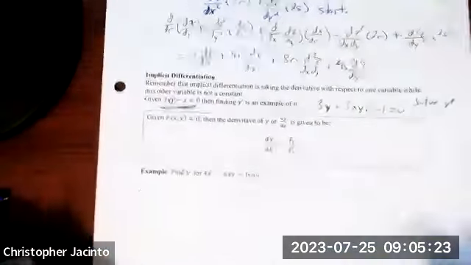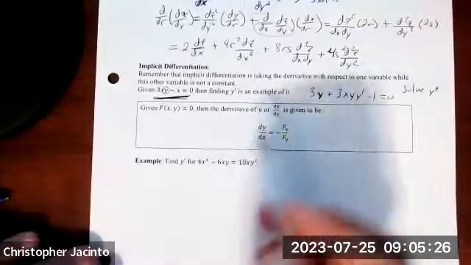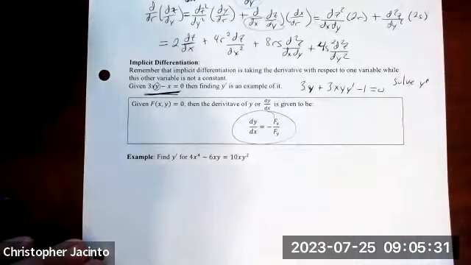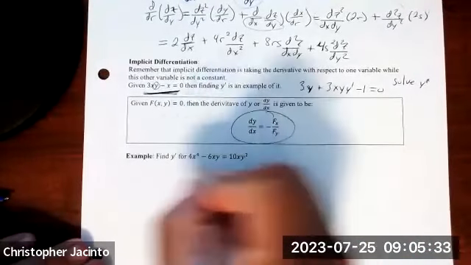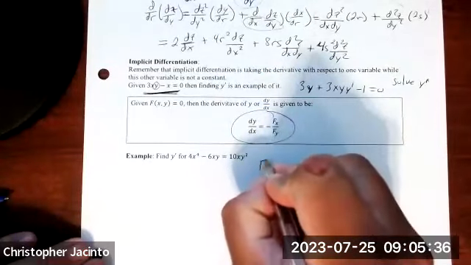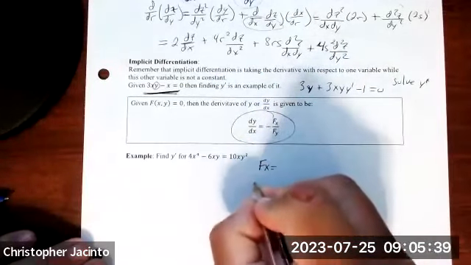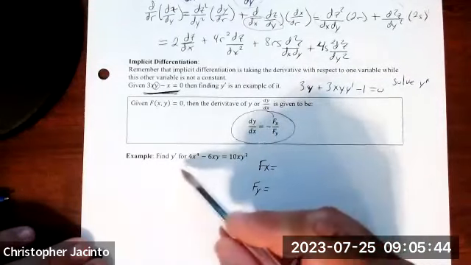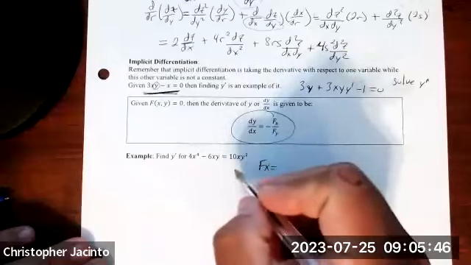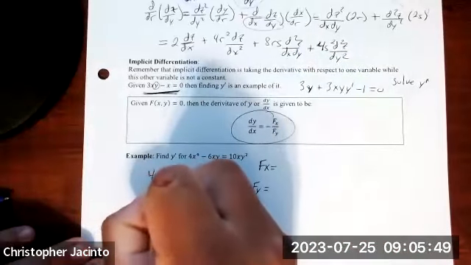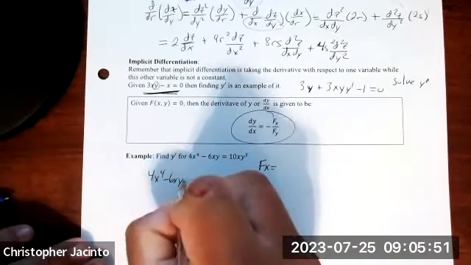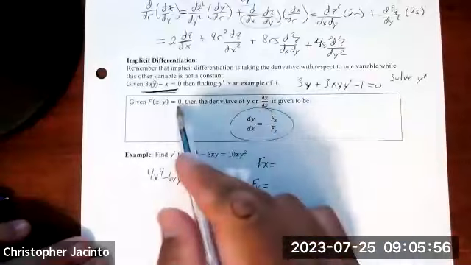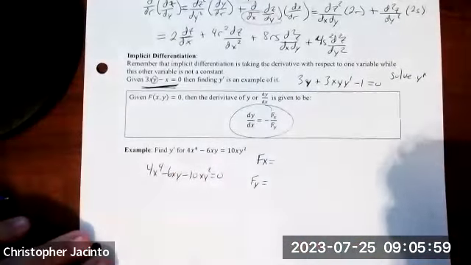So no more manipulating and solving with y prime. We simply just use a nice little equation. So for example, we want to find y prime. So first we do f_x, and we'll do f_y. So first we've got to bring this all to 0. There you go. So we get satisfied with the exact one. Okay, so now we take the derivative with respect to x itself.